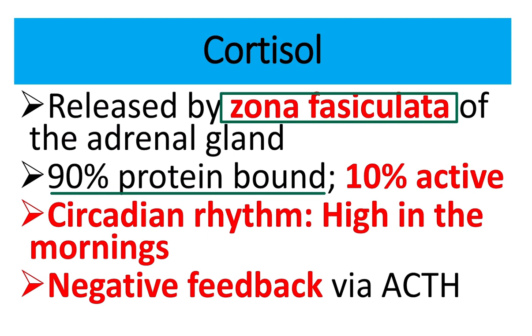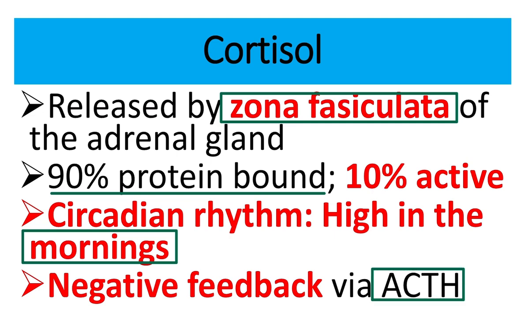That means secretion increases at a definite time of day, the morning. In the morning the cortisol secretion is higher, and it is controlled by a negative feedback mechanism by the ACTH, which is secreted from the pituitary.